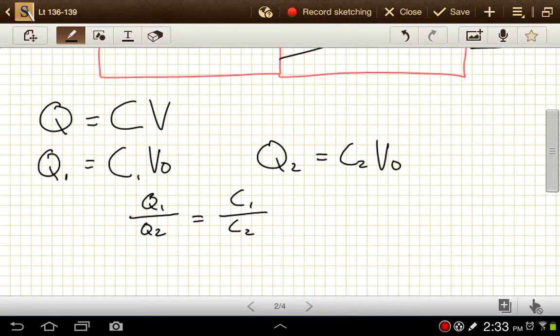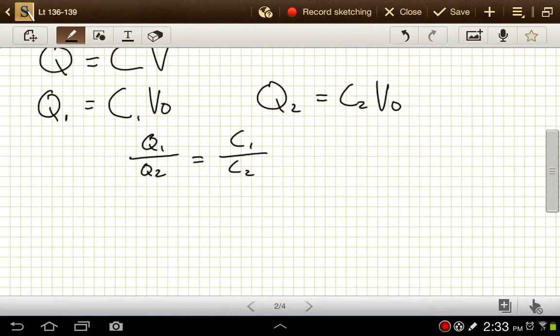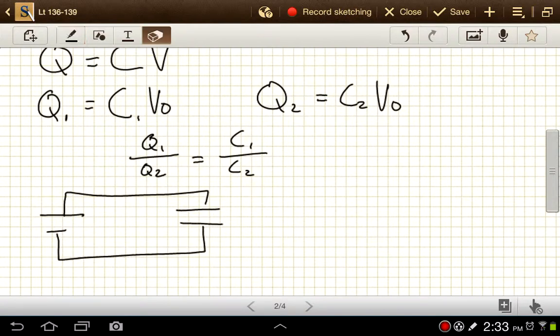Now, if we take this back to the idea of the equivalent capacitance, so we want to make a circuit now that has just one capacitor in it instead of two. I'll make that a little more obvious. So that's a battery. There we go. And this has a value of C equivalent.